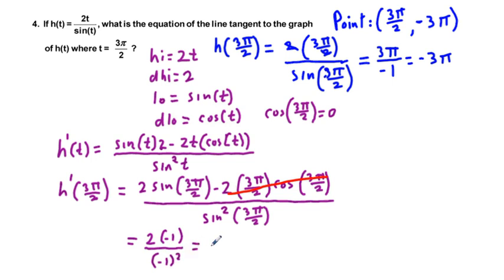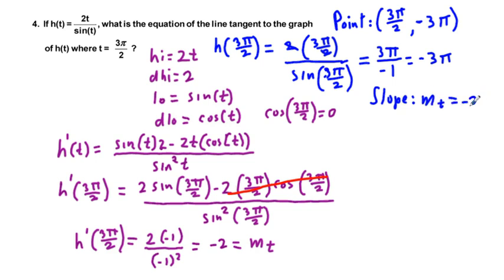So that's going to simplify to negative 2. So that's going to be h prime of 3 pi over 2. And this is going to be our slope, which I'm going to call m sub t. So we had our point here, and so now we have our slope. M sub t equals negative 2.